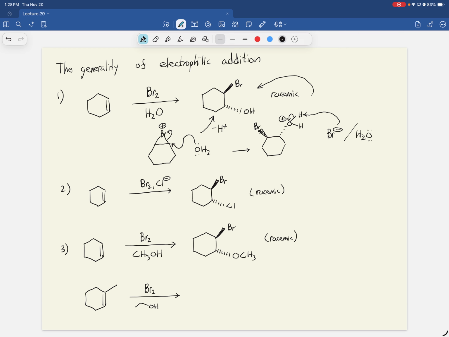All right, so here's ethanol, bromine here. So what do you think happens? Where would the nucleophile add in this case if it's an unsymmetrical alkene?